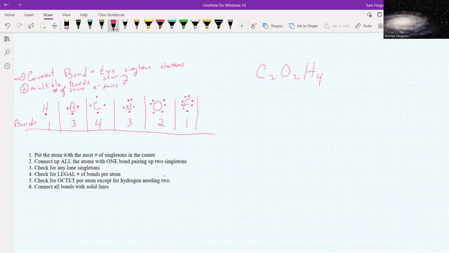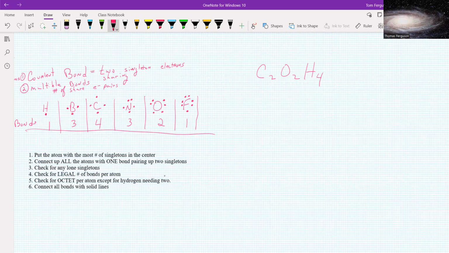Okay, so we're almost there. Let's put carbon back in. And so you got that and that and that, right? You got this lone pair from hydrogen.